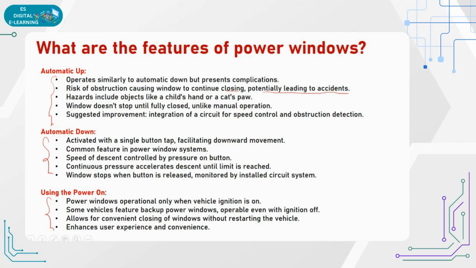Whenever you need to operate the window, you should have some power. So how will the battery supply power whenever there is no power in your vehicle? How can you make the window close or open, whether it will work or not. Those are some features they always work on.